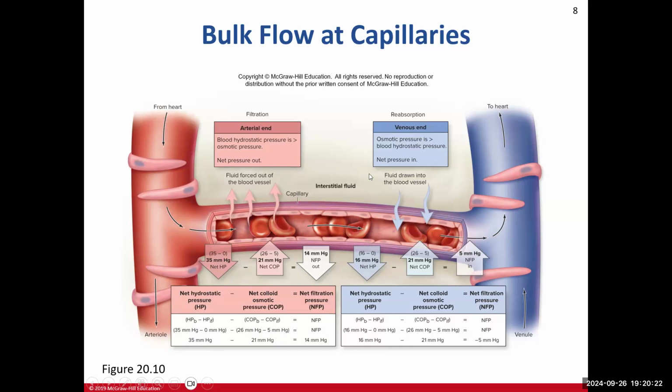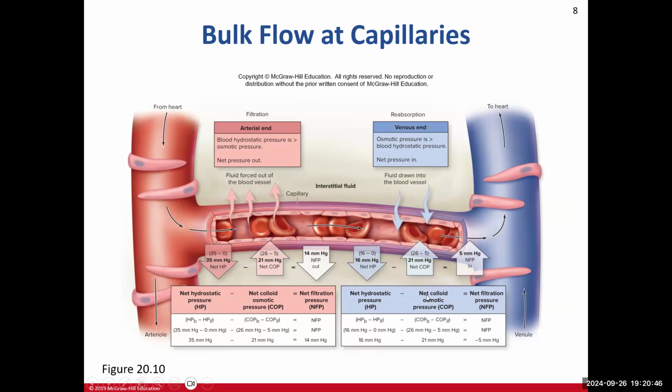Again, remember, the interstitial fluid hydrostatic pressure should still be 0, because we're not losing proteins or anything, so there's virtually no proteins out here. So that value is 0. So we take the difference, which is 16 millimeters of mercury for the net hydrostatic pressure. And then we start to calculate the net colloid osmotic pressure.